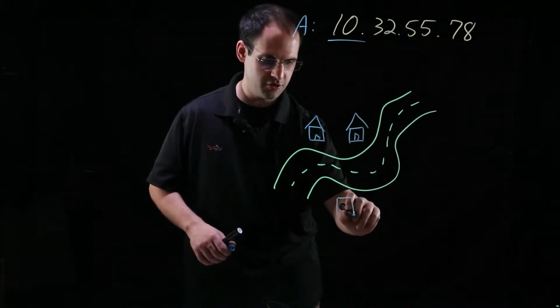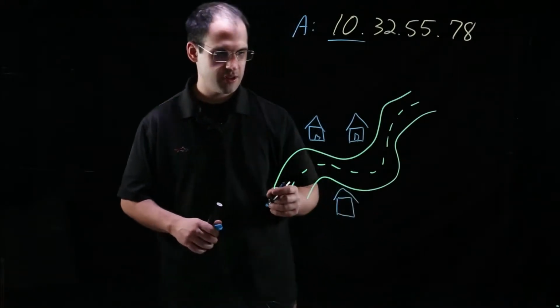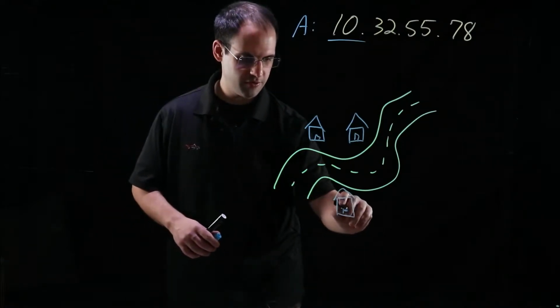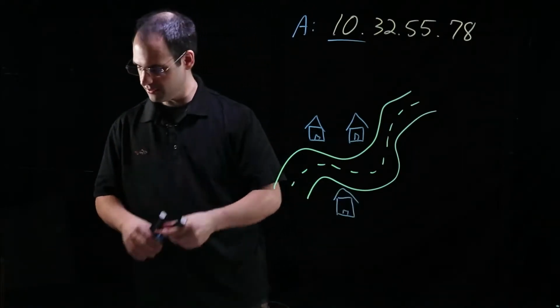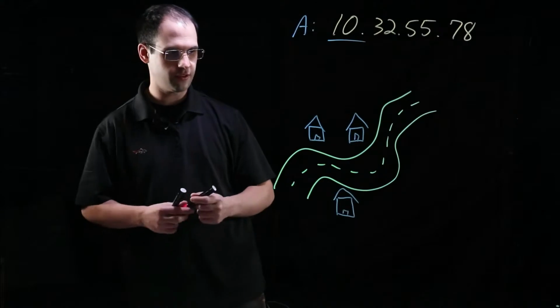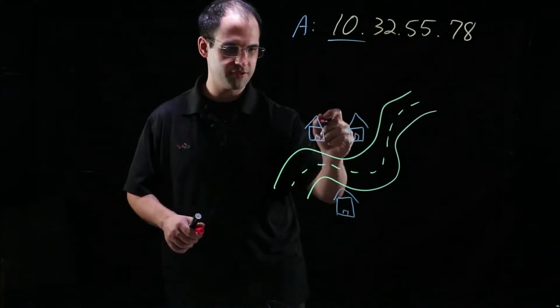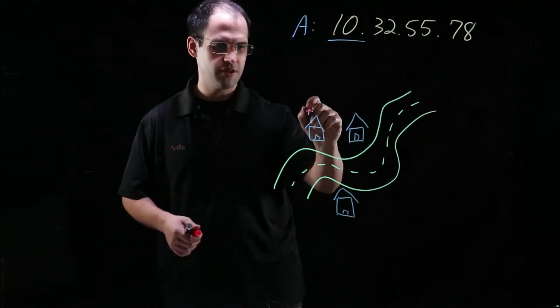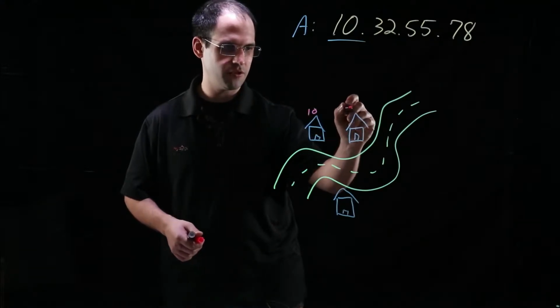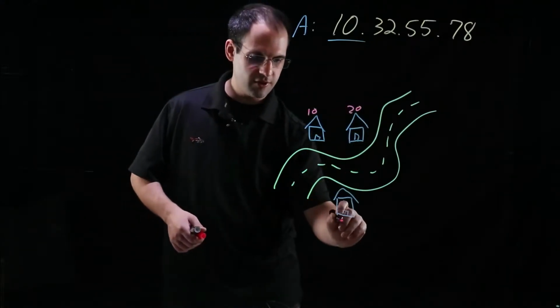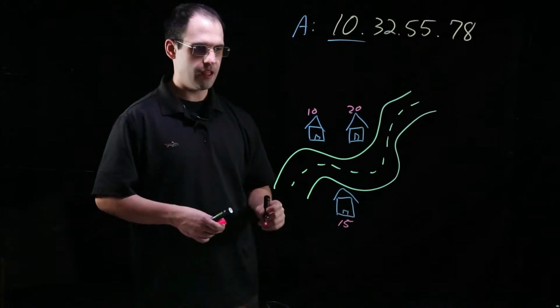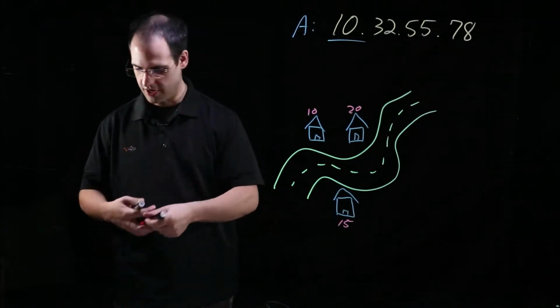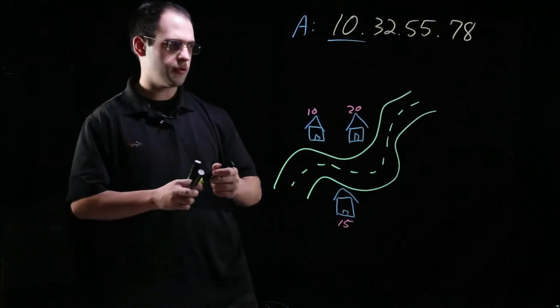But here on 2D street, on two-dimensional street, we have a street, and going down the street we have different houses. Each house is going to have a number. Let's say this is the even side of the road, so 10 and 20. Let's make this 15. On our street, we could give it a name. I'll call this Main Street.